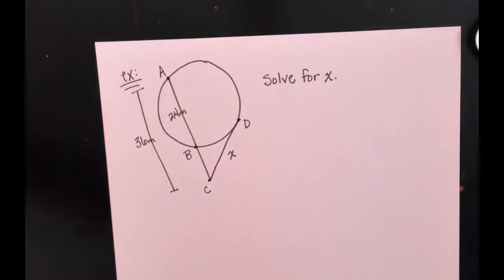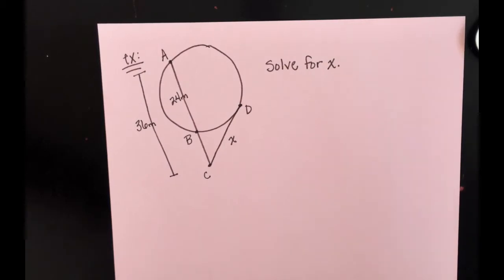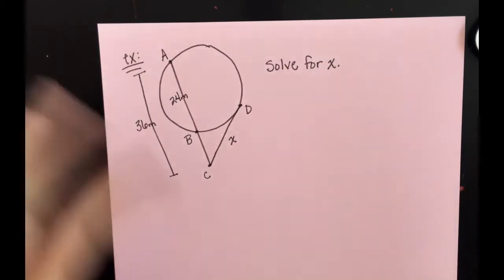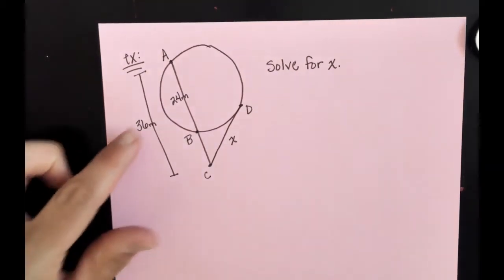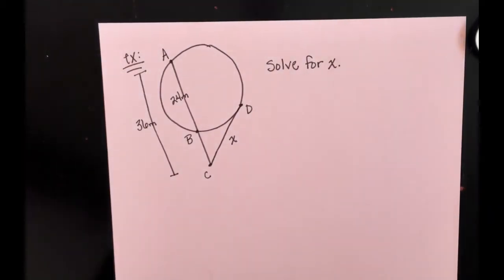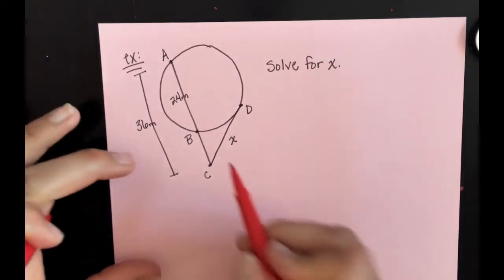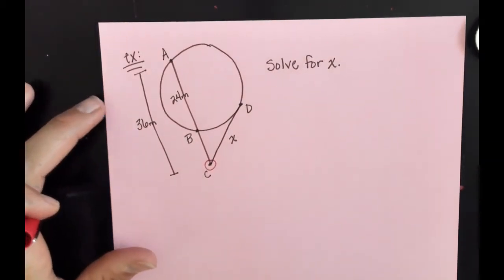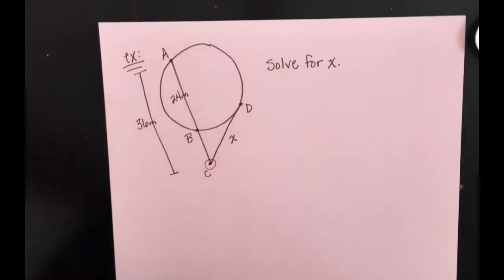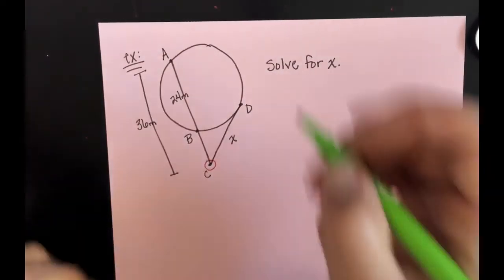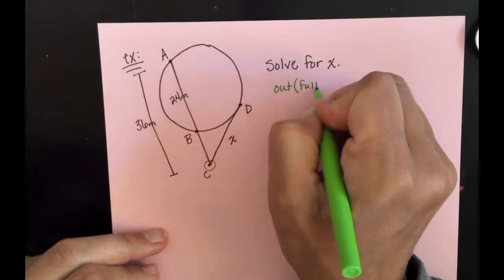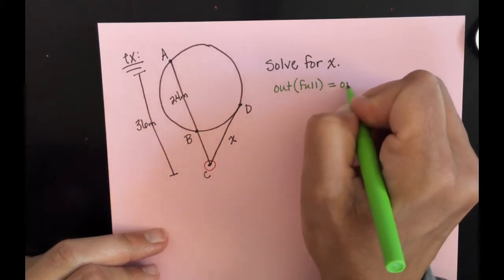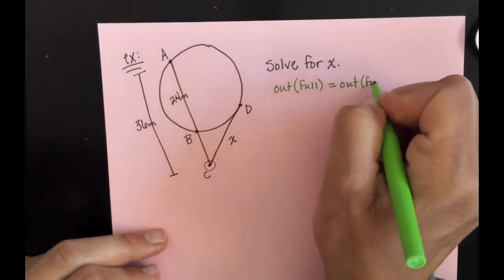Now again, obviously we have so many different combinations of where these numbers could fall. But again, what we're looking at is that it falls outside of our circle. So just like before, outside times the full length, outside times the full length.